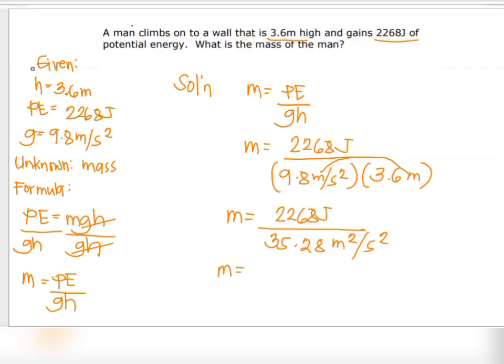Okay, so 2268 joules divided by 35.28 meters per second squared. And what you will get is 64.29. So since this is mass, ano yung unit? Yes, correct. It's in kilograms. Therefore, the mass of the man is 64.29 kilograms.